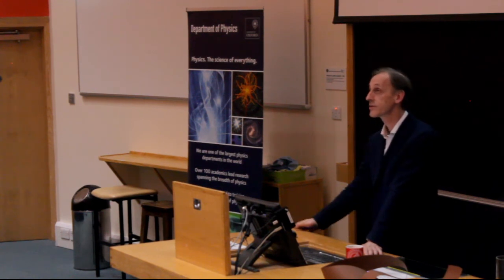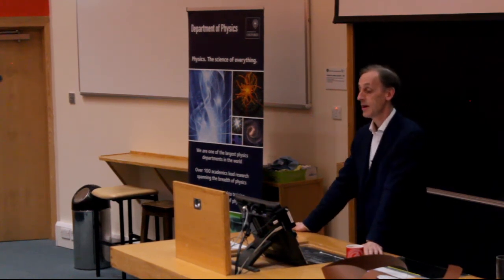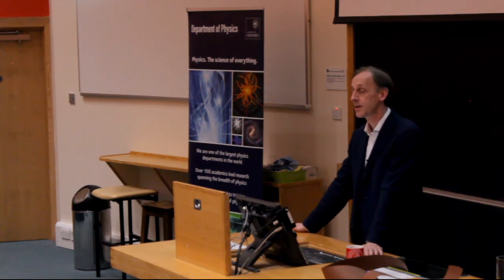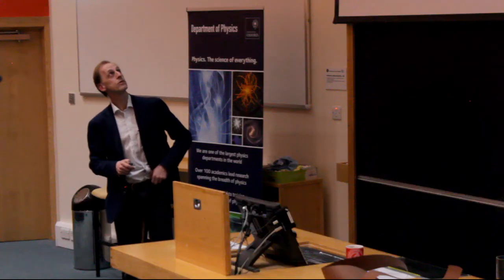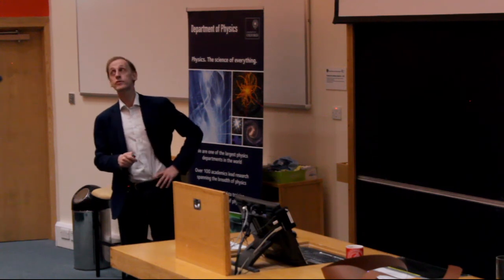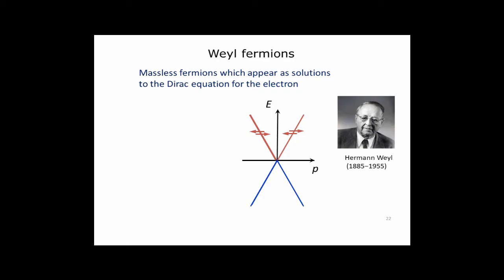I want to talk about another type of topological quasi-particle, which can be found in quantum materials, and these are called Weyl fermions, after this man here, Hermann Weyl, a German theoretical physicist who solved the Dirac equation for a special case of an electron, a hypothetical electron which has zero mass.